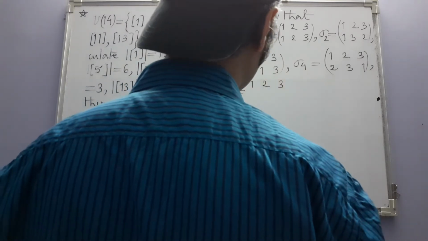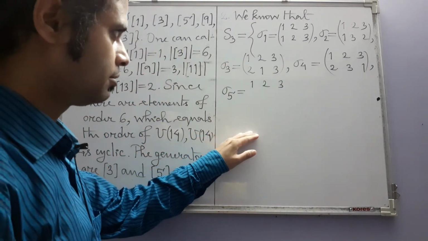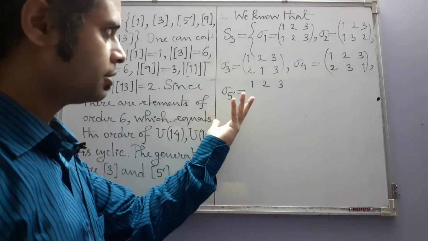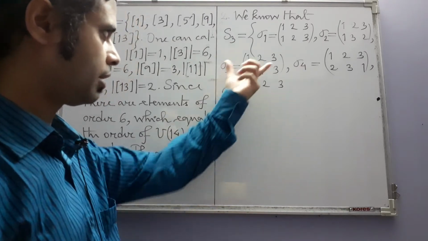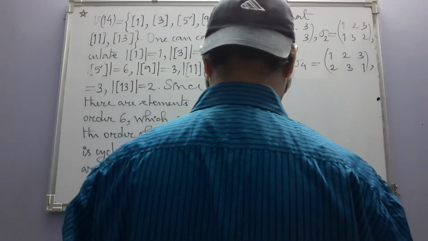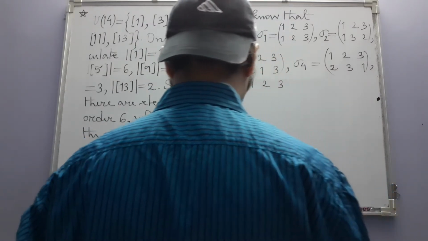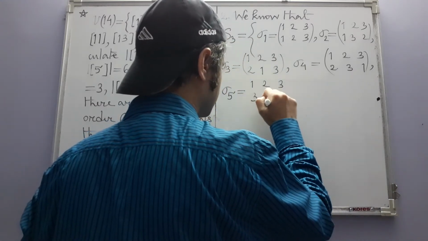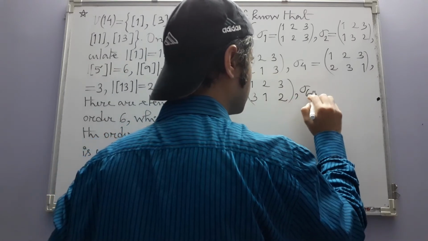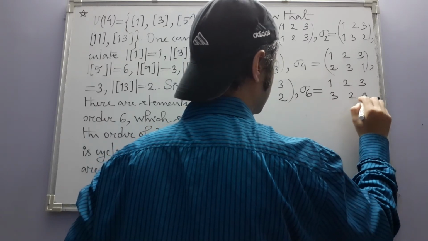The main reason we are naming them is because when we write their orders, if we don't give them names, we will again have to write these somewhat big symbols. Otherwise, how can you say whose order is what? So this one is 3 1 2. And sigma 6 is 3 2 1.